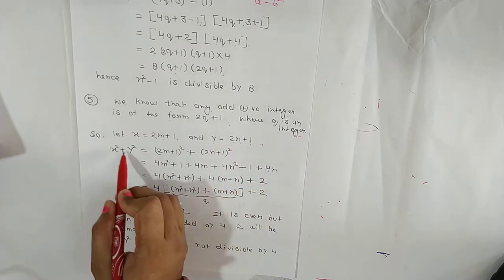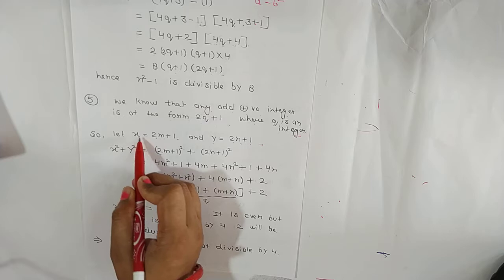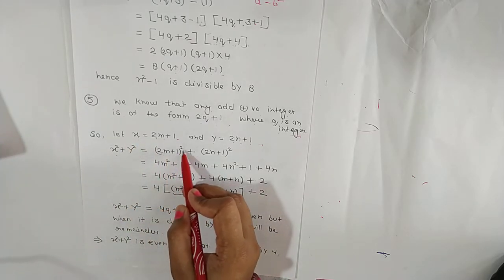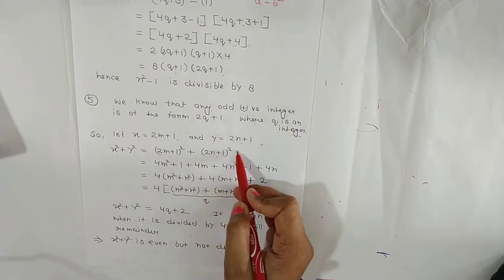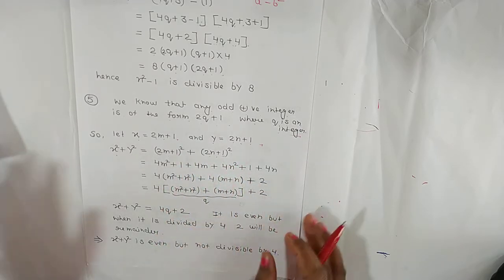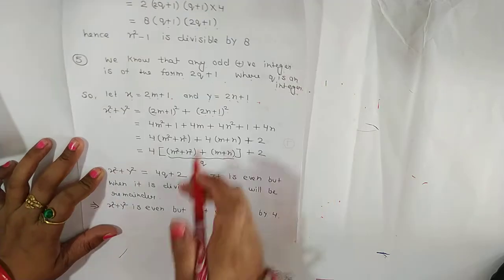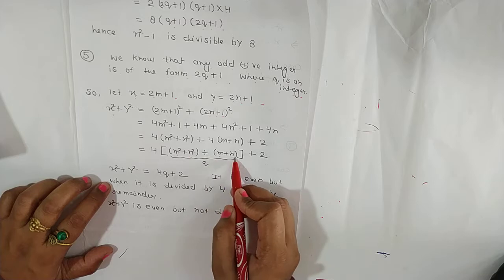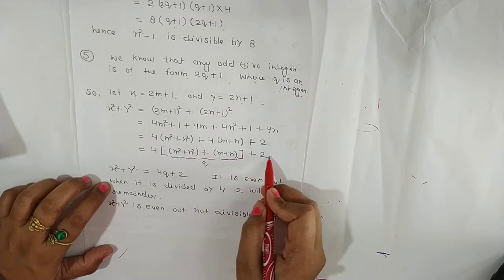When we are squaring and adding, the answer will be (2m plus 1) whole square plus (2n plus 1) whole square. When we open the brackets and solve it, the final answer will be 4 in bracket m square plus n square plus m plus n, bracket close, plus 2.